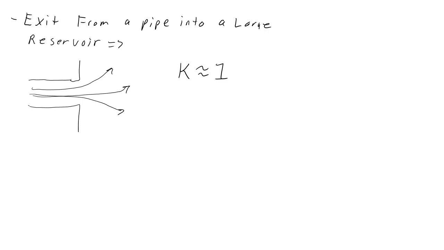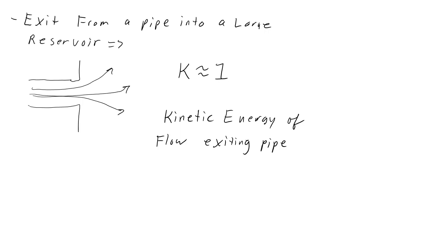And physically that means that the kinetic energy of the flow exiting the pipe is all lost. So in other words, as it comes to rest, there's kinetic energy, the flow is brought to a rest, and that's actually an irreversible dissipation.